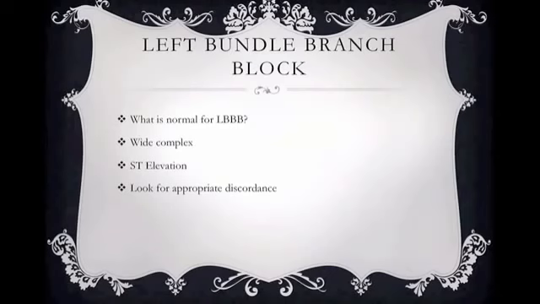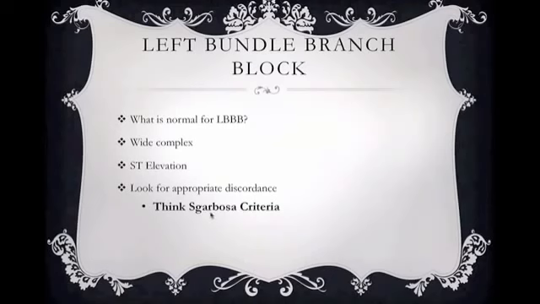In a normal left bundle branch block, discordance is normal, but appropriate discordance is what we want, meaning that for discordance to be appropriate, it would have to be less than 5 millimeters, which the sensitivity of that isn't exactly high, it's around 20%, as I've read. So in those situations, we might have to look at voltage criteria, and we'll talk about that in a minute.